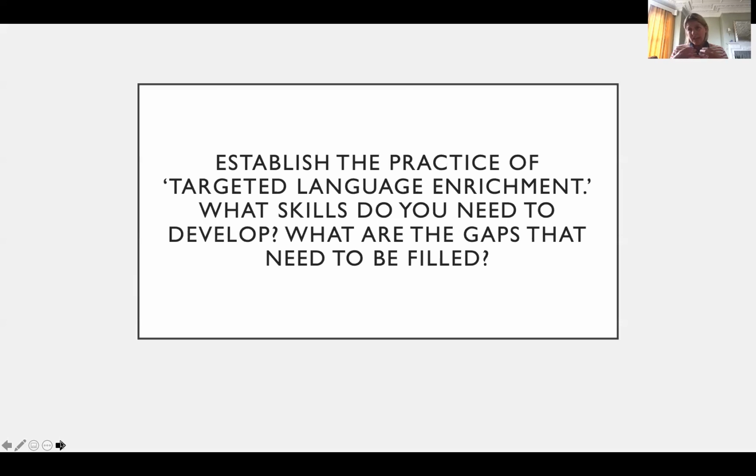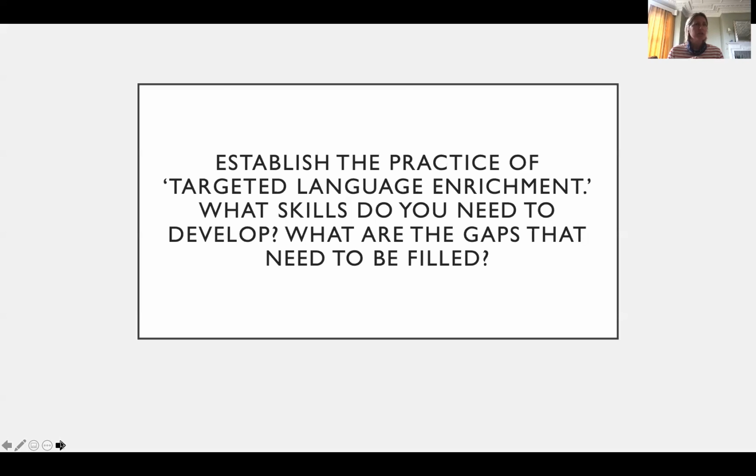Once I've considered just generally my language load, I also want to be considering something called targeted language enrichment. So as well as focusing on interactions and not simplifying too much, but also not using language that's too complex, what are the skills that this child in particular needs to develop? What are the things that I'm needing to target, that I'm needing to model?